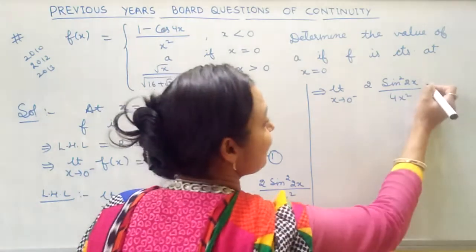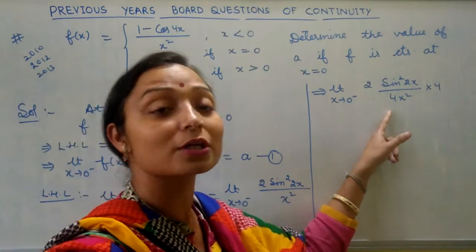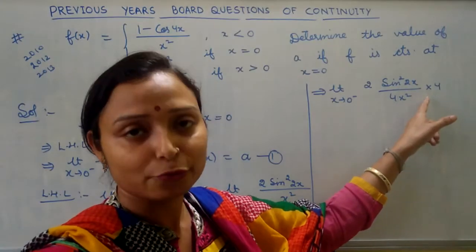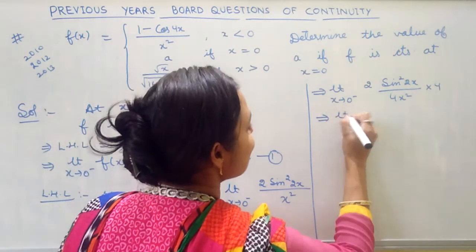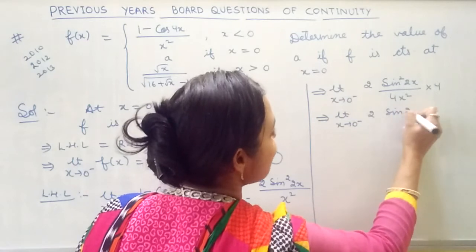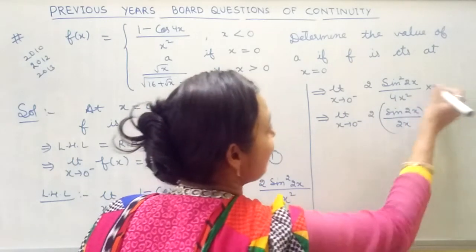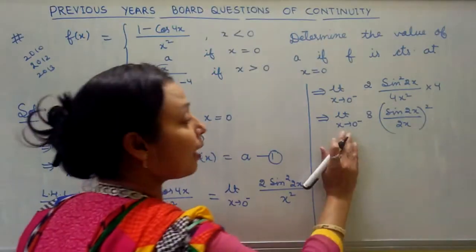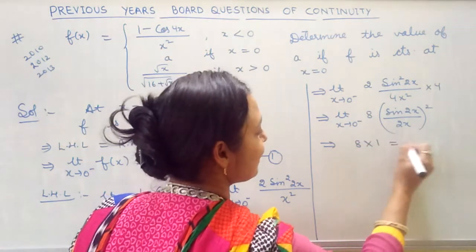For dividing by 4x square, I will also multiply with 4 because it will not be divided alone. That will equal limit x approaches 0 negative 2 times (sine 2x upon 2x) whole square. So this comes with 4, 2 fours are 8. I will write 8 here. Now apply the limits. Limit will equal 8 into 1, that is 8.